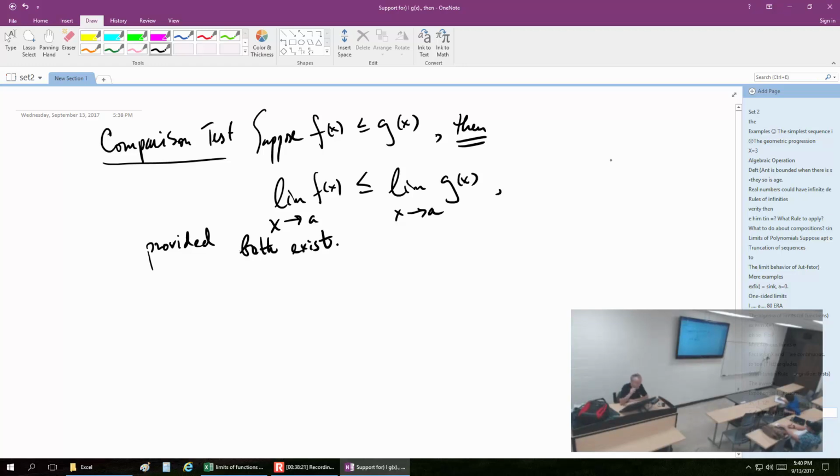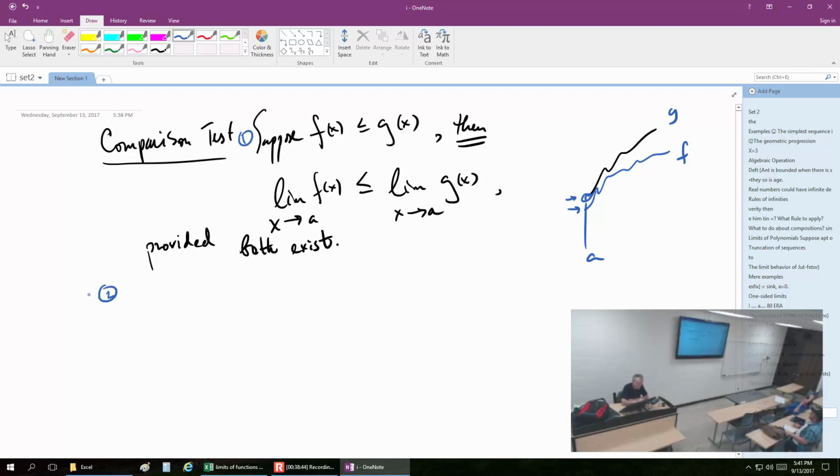Okay, if both of them exist, then we have an inequality. So one function lying below the other function, then here somewhere at a, the limit of the first will be below the second. So this is f and this is g. Okay, so these are the 2 limits.